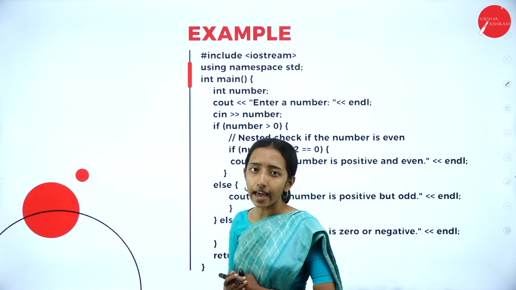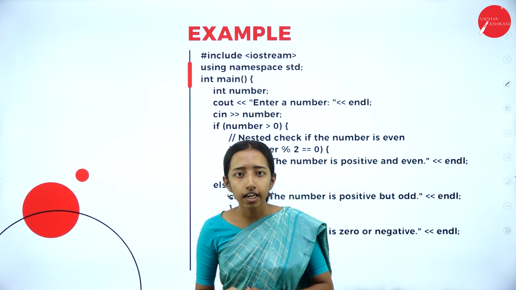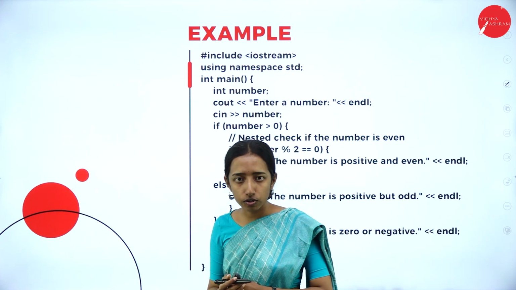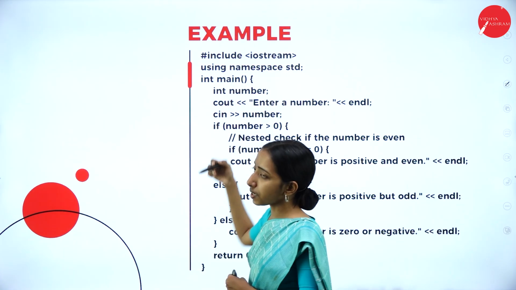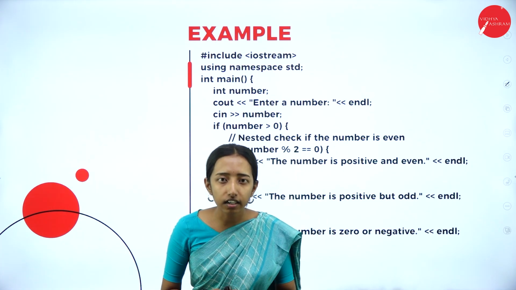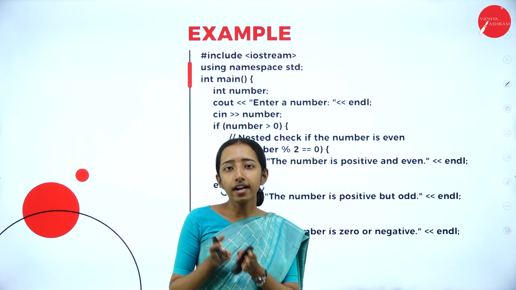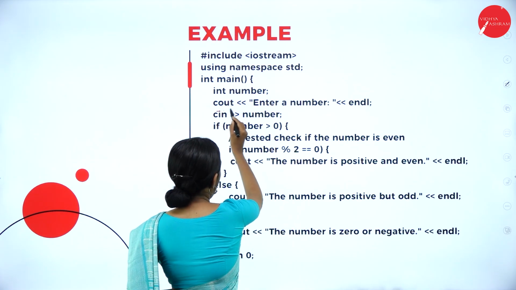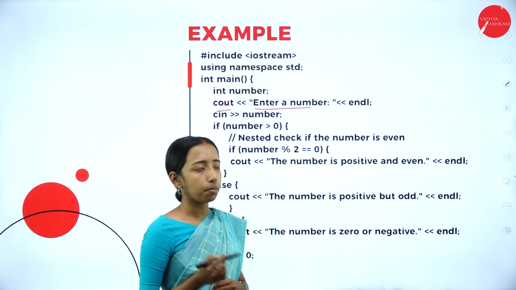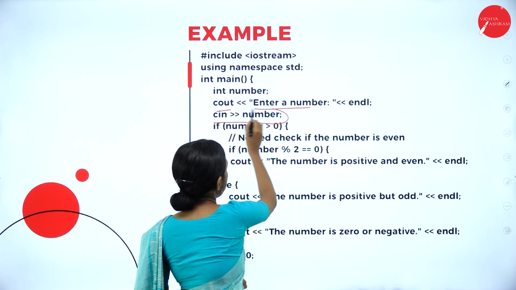We can see an example of how the nested if works. I have taken include iostream, using namespace std, int main. Again, I have taken the data type int and number. Cout, enter a number. Cin, number.